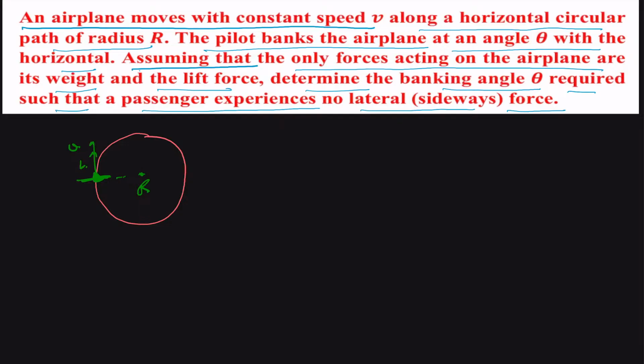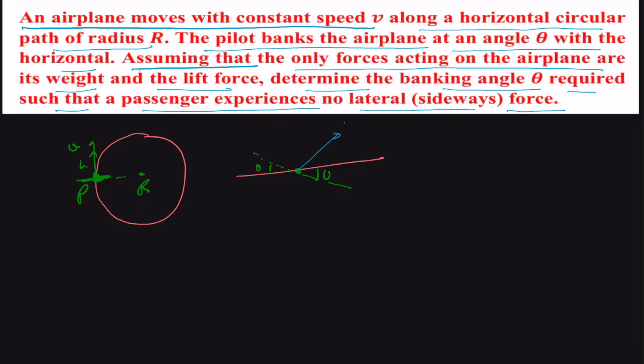Okay. And in the second part, this is our horizontal, and this is our plane, so this is our P. The plane is banking at an angle of theta with the horizontal. So our lift will be perpendicular to the wings.